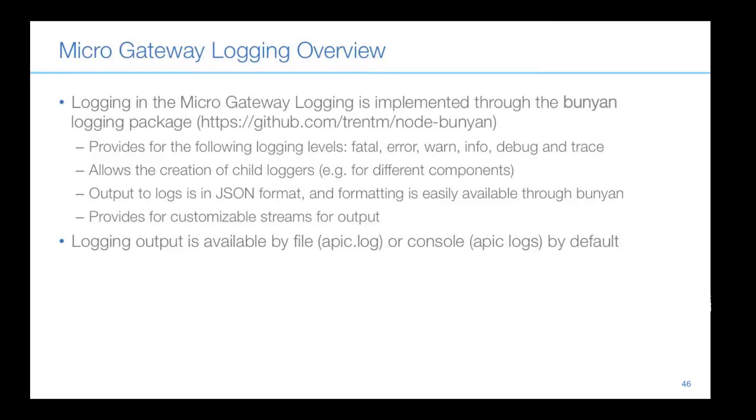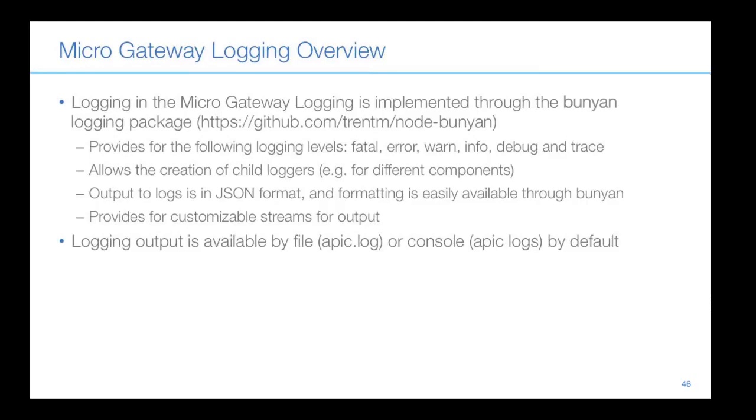Bunyan's output to the log by default is JSON format, and the Bunyan program itself can be used as a formatter to format it into a human-readable format. So if you're logging to a file, by default it's logged in JSON.